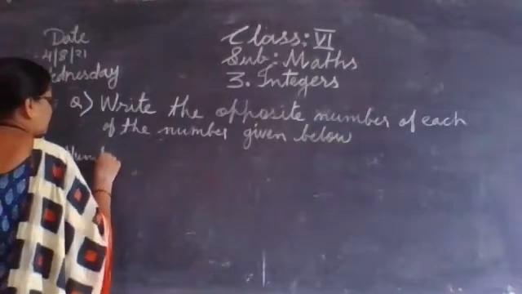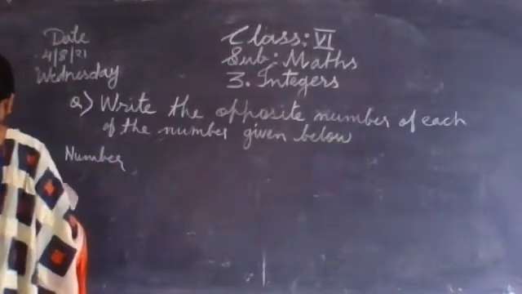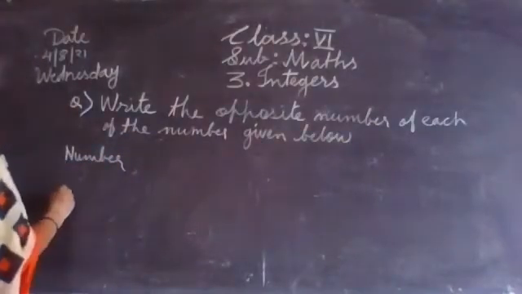One table is given, number, and here is opposite number.